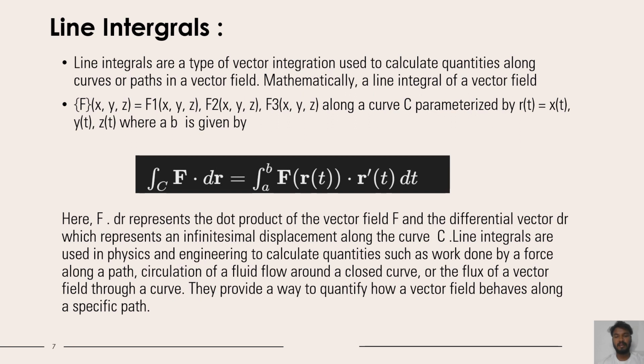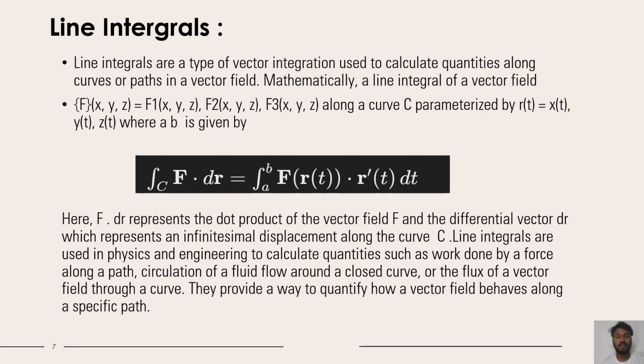Mathematically, a line integral of a vector field F(x,y,z) = (f1(x,y,z), f2(x,y,z), f3(x,y,z)) along a curve C parameterized by r(t) = (x(t), y(t), z(t)), where t goes from a to b, is given by the integral of F dot dr over C, equal to the integral of F(r(t)) dot r'(t) dt from a to b.